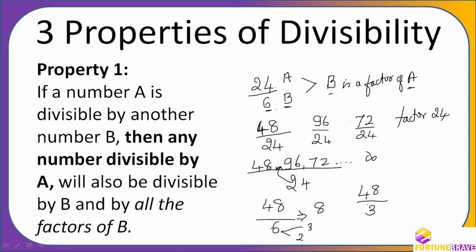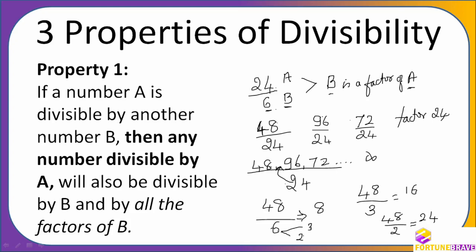So it is divisible by 3 as well. 3 1s are 3, 3 6s are 18. Can you see here? 48 is also divisible by 2. This is the rule. Did you understand? Very simple. If any number is divisible by another number, then the number which is divisible by the first number is also divisible by the second number and its factors.